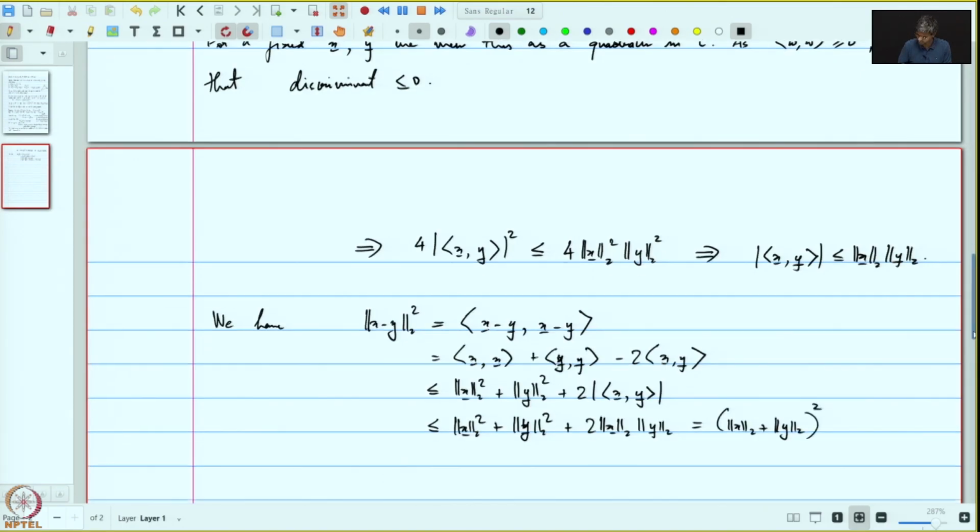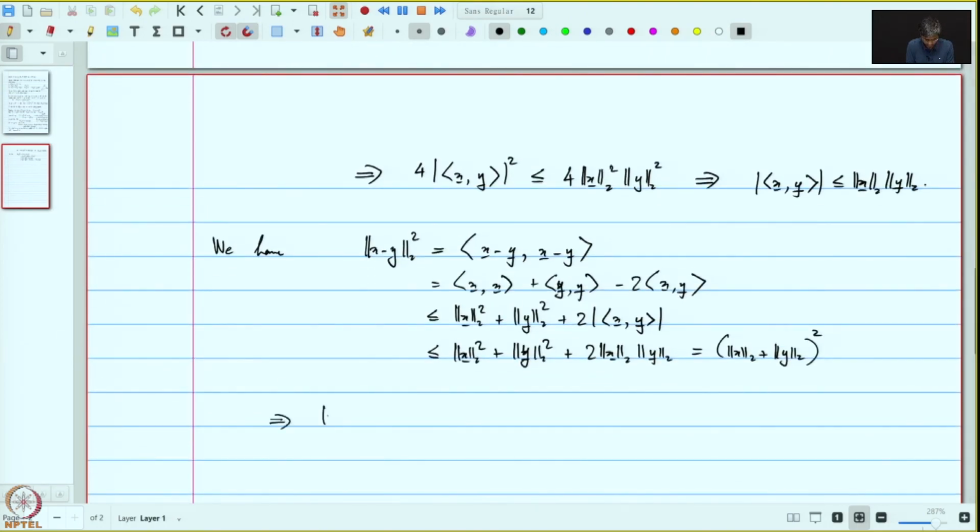Whole square, right? So this implies that, and note that the norm of y is the same as the norm of minus y, so therefore we can just replace y by minus y and we get, okay.